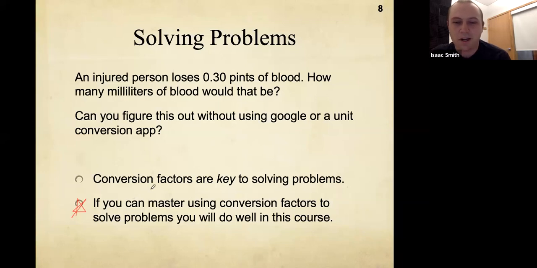If you're wondering why you have to take this class, it's not so that you can learn how to manually calculate between pints and milliliters of blood, right? There's other ways to do that that you'll probably use when you are working in the field. But what you will learn is how to solve problems, and I find that I have used the problem solving skills that chemistry offers a lot more than the actual chemistry knowledge that I've gained.